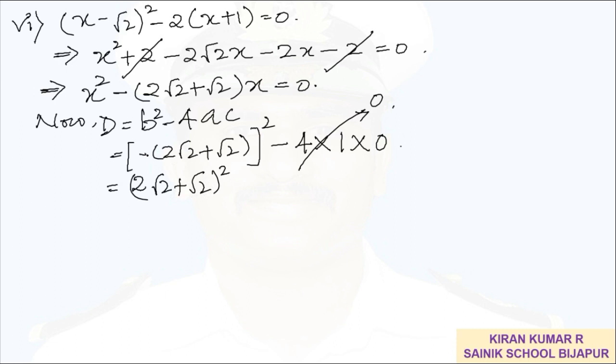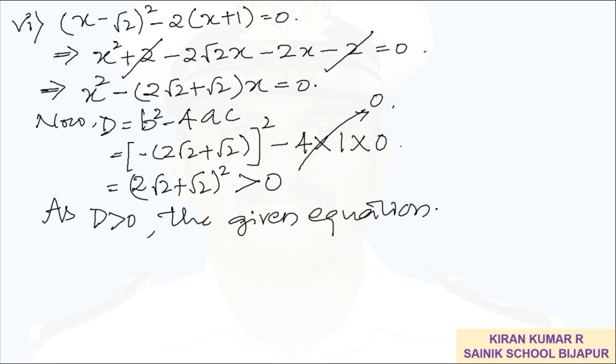I have neglected this negative now. Look at the value. Obviously this is greater than 0. So as d value is greater than 0, I can say the given equation has distinct real roots.